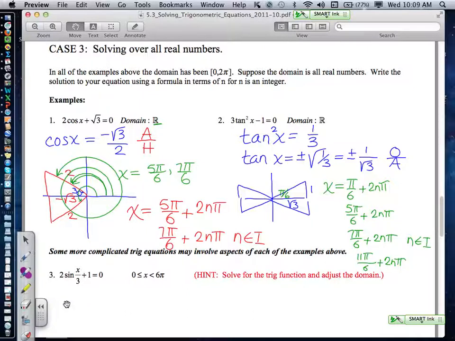So in this kind of situation, there's a way we could think about this and write it a little bit shorter. For instance, if I take this angle, that's pi over 6. This angle is pi over 6 plus pi. Would you agree?